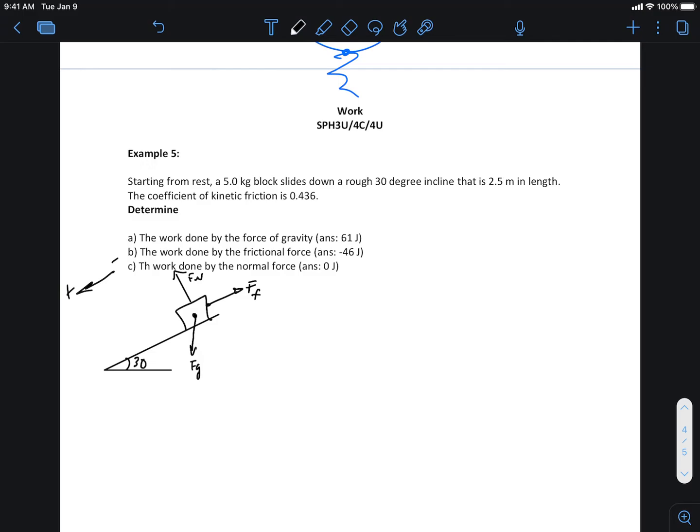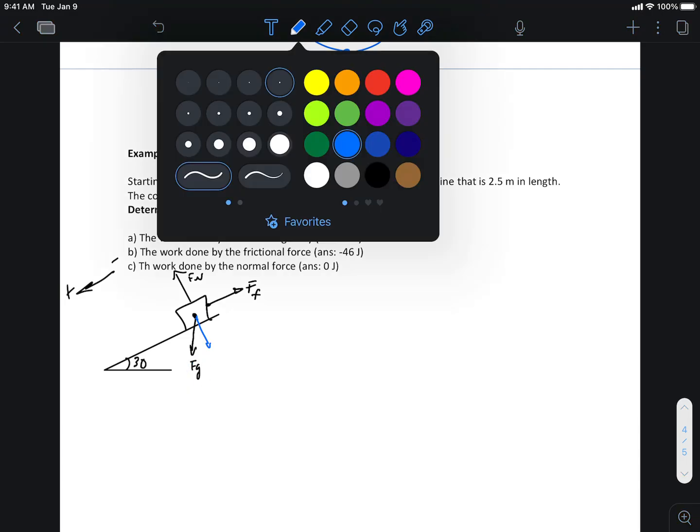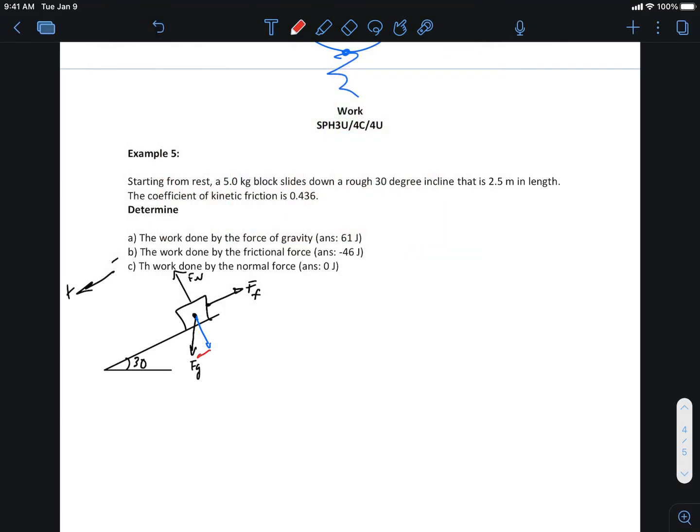So the question is, what's causing this thing to go down the incline? Well, it's this X component. Let me just draw the components. We've got a Y component of the gravity, as usual, and the X component of the gravity, as per usual. What's causing the motion?